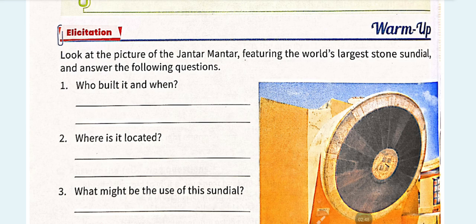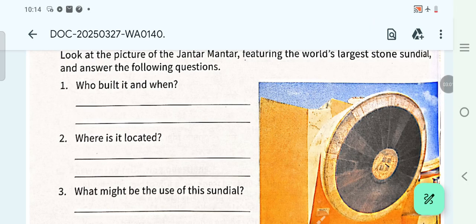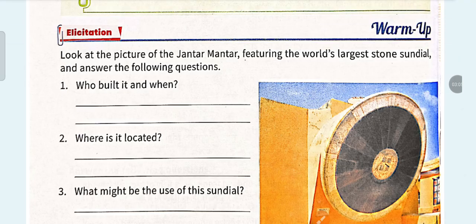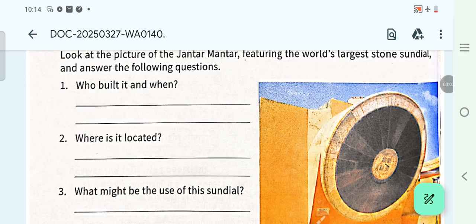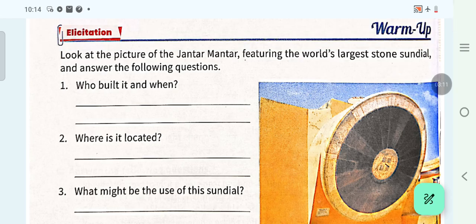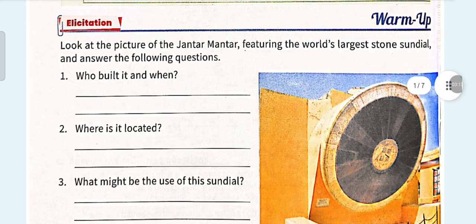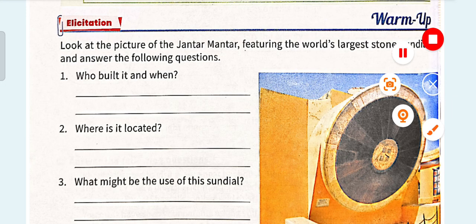Look at the picture of Jantar Mantar featuring the world's largest stone sundial and answer the following questions. Do you know what this object which you can see is called? Well, this is called a sundial, and Jantar Mantar has the world's largest sundial. Here are some questions related to it.